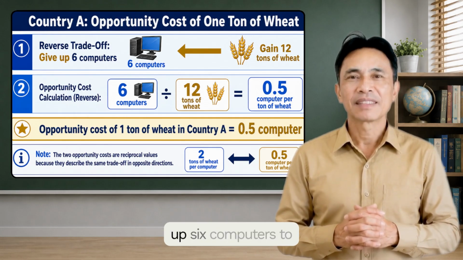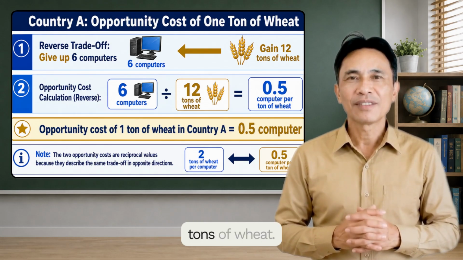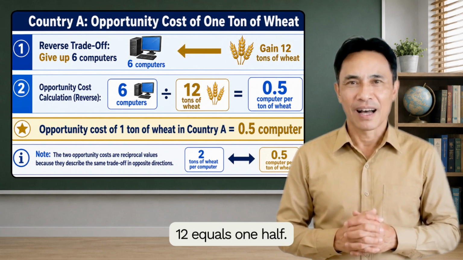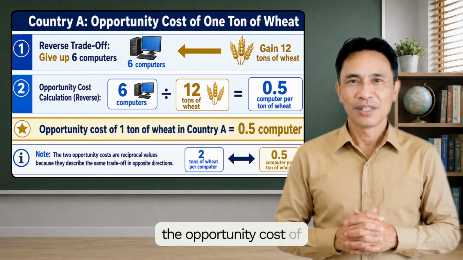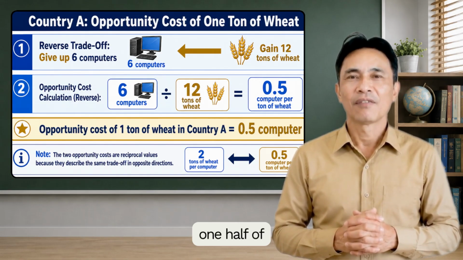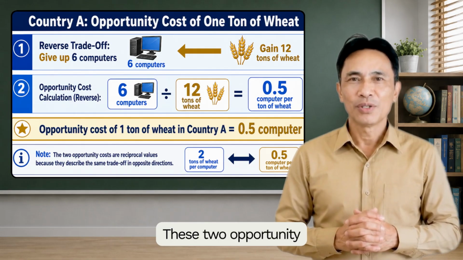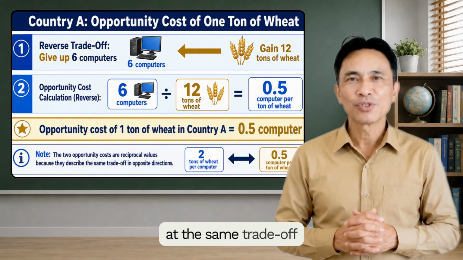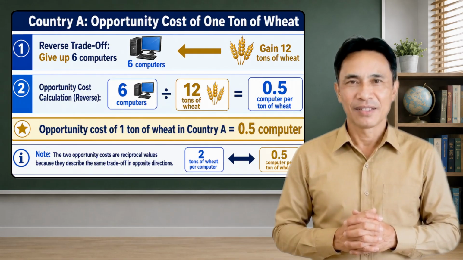Country A gives up 6 computers to gain 12 tons of wheat. 6 divided by 12 equals 1/2. Therefore, the opportunity cost of 1 ton of wheat in country A is 1/2 of a computer. These two opportunity costs are reciprocal values because we are looking at the same trade-off in opposite directions.